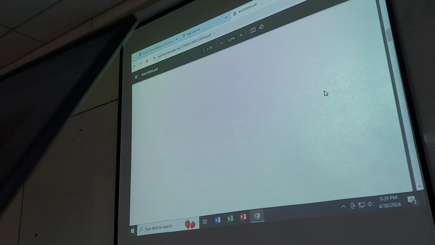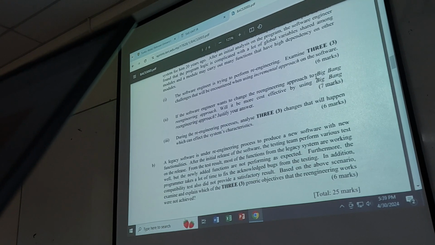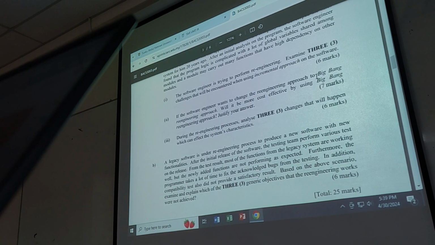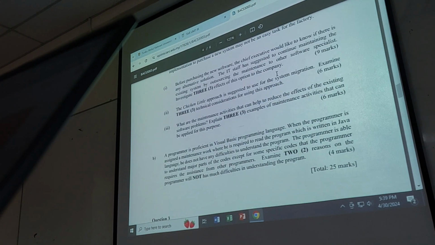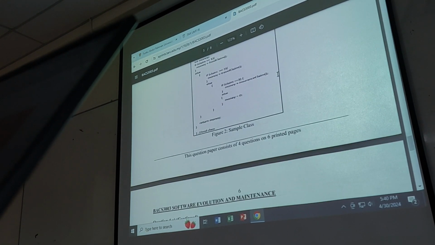You chose this copy. Actually, this copy is for the exam during the MCO period. That's why you can see the questions are very long. But it's okay, we can try it. You see, so many questions.